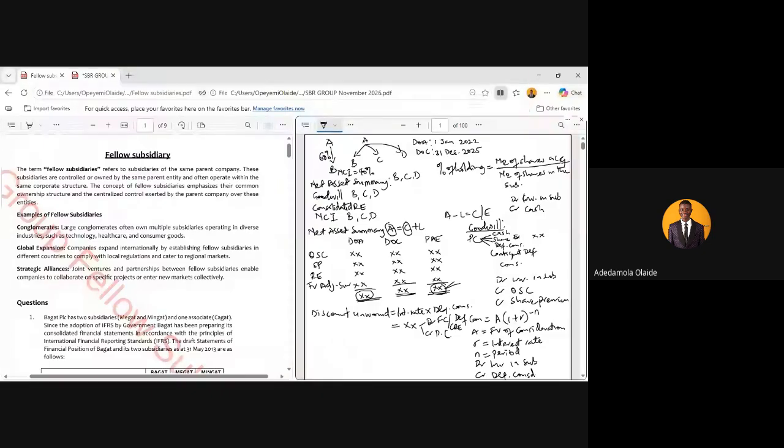Then the double entry for that discount unwound will be to debit our finance cost if we are consolidating SOPL. If we are not consolidating SOPL, then we'll debit what? We'll debit consolidated retained earnings. Then we will credit what? Deferred consideration.